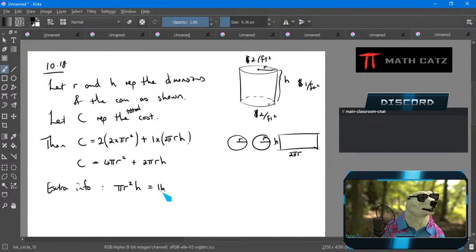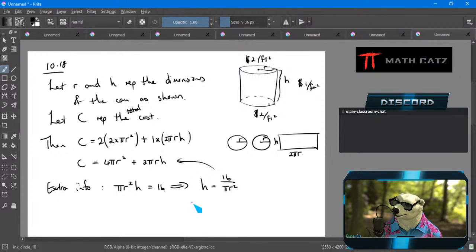Anything with a circle, anything with a rectangle, as well as combinations, making cylinders and stuff. Volume, area, surface area, circumference, all kinds of things. So now in this case, certainly h is the simplest one to solve, and it'll be 16 over pi r squared, which then goes in here.